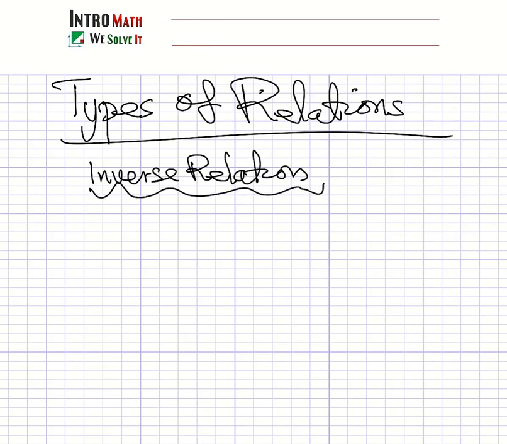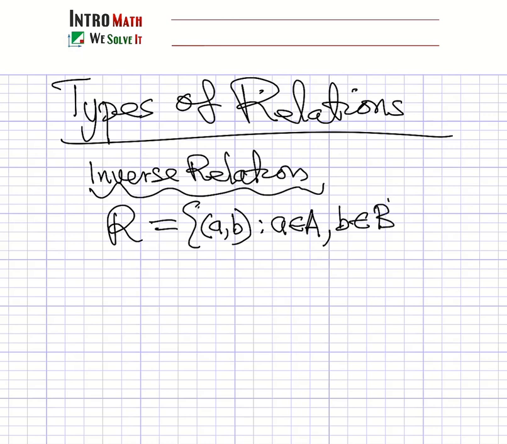Now, if you have a relation, I'm going to use the word R. You have a relation that is defined as ordered pair (a, b), such that a is an element of set A and b is an element of set B, right?